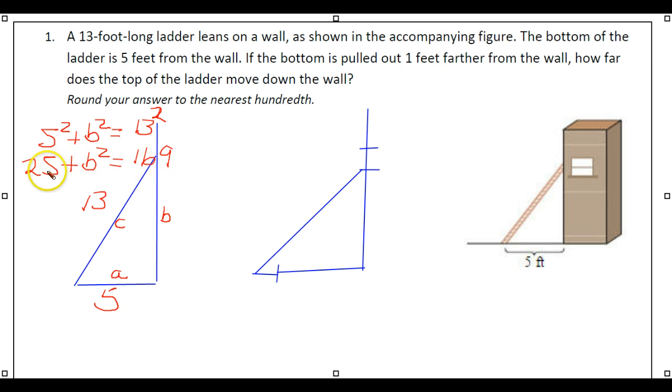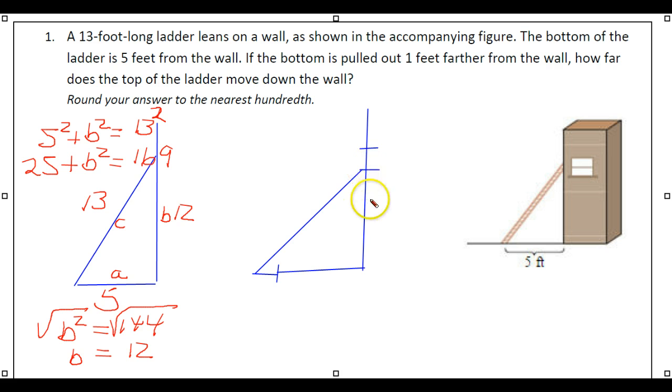We're going to subtract 25 from both sides, and we get B squared equals 144. Take the square root of both sides, and again I'm only looking for positive values. My B is 12. So this side is 12.